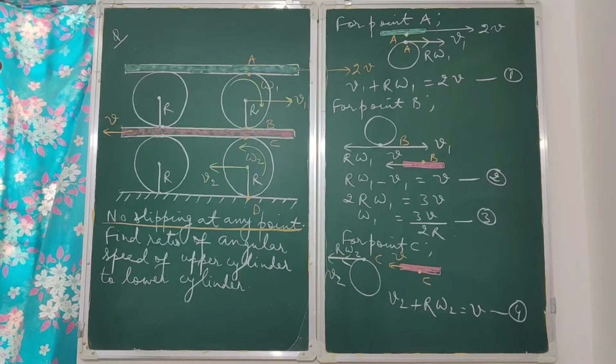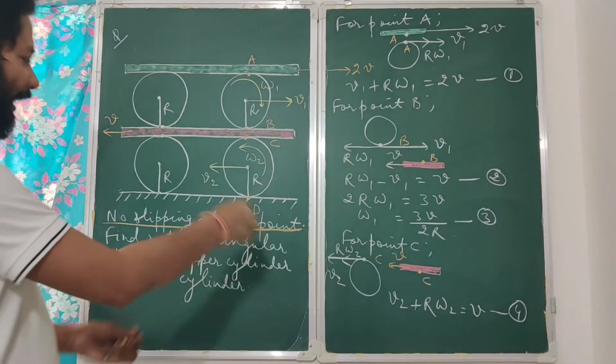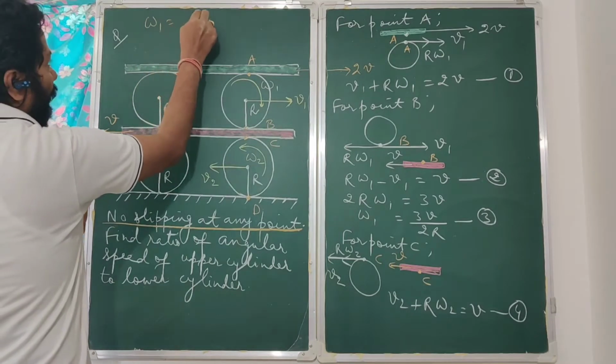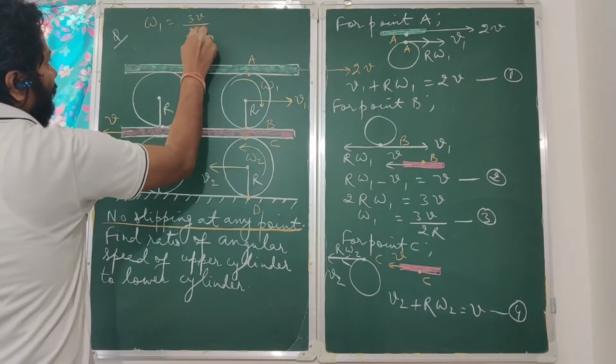Now we have to think about point D. So first I will write what we have got our omega 1 as. Omega 1 we have got it as 3v by 2r.